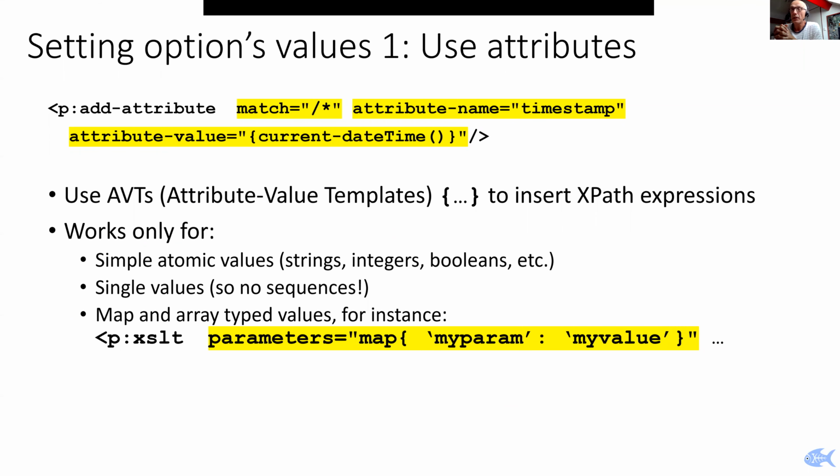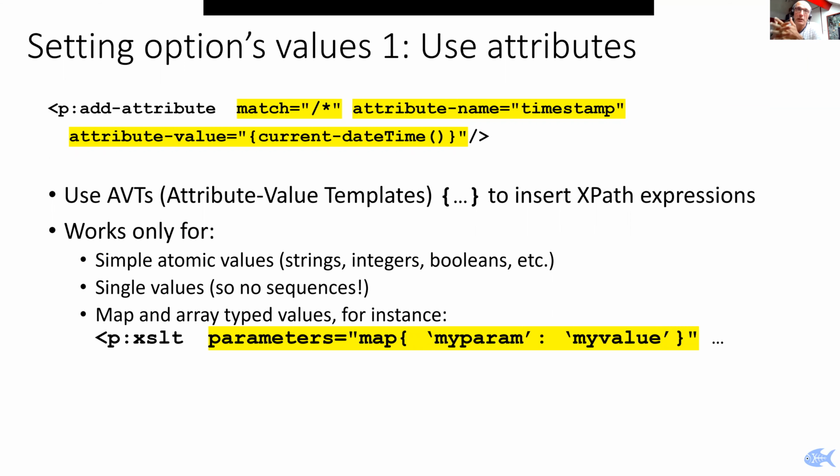There are, however, a number of limitations to setting options this way. It will only work for simple atomic values, like strings, integers, booleans, etc. It will only work for single values, so you can't set an option to a sequence of strings, for instance. It will always be a single string.